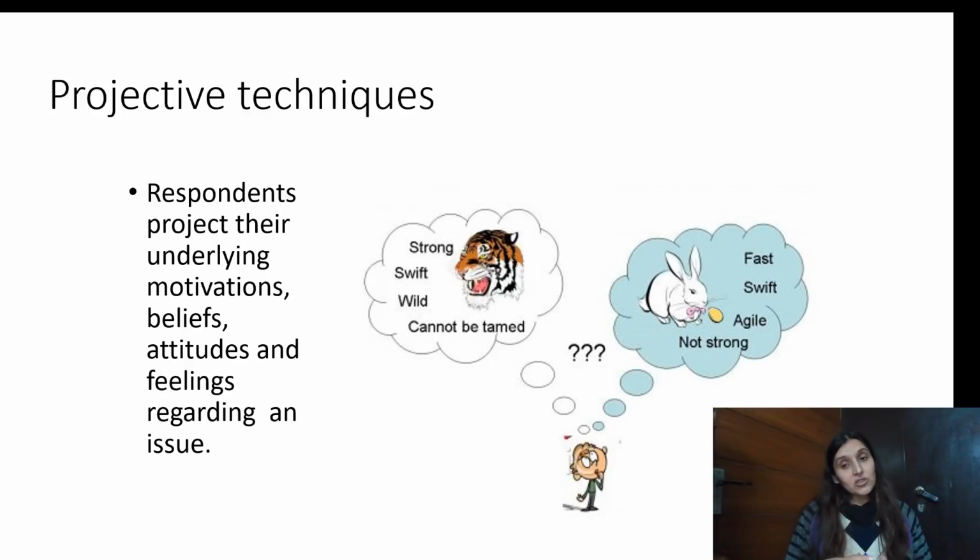On the basis of what he tells me, he's going to give me words, motivations, beliefs, attitudes, a lot of transcript, a lot of qualitative data. On the basis of what he gives me, I will be able to analyze that and say, okay, this man probably is pro smoking or anti smoking. So this is what projective techniques are.